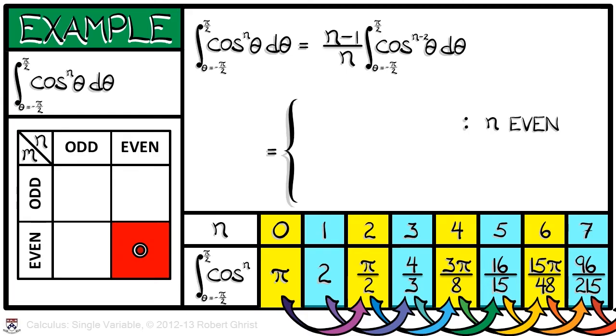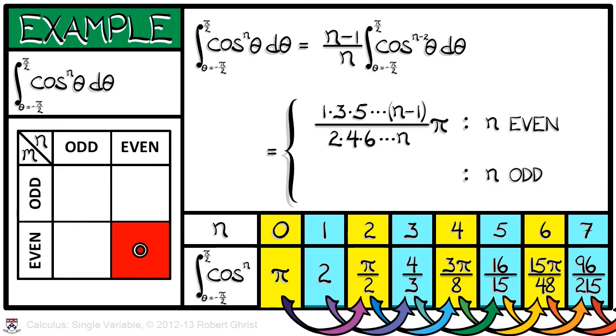In general, using a little bit of induction, one can show that when n is even, the result of this integral is pi times 1 over 2 times 3 over 4 times 5 over 6, etc., all the way down to n minus 1 over n. When n is odd, one obtains a similar looking result, but starting with 2 instead of pi, and flipping things.